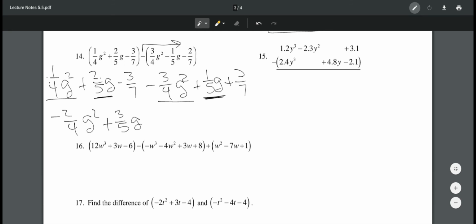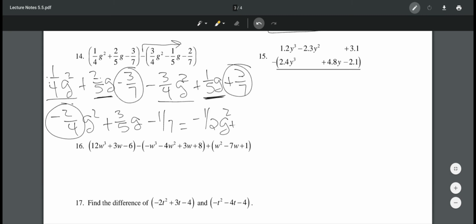So I'm going to add the negative 3/7 to the positive 2/7, which gives me negative 1/7. Now the only thing that I need to do is reduce that fraction. So my final answer would be negative 1/2 g squared plus 3/5 g minus 1/7.